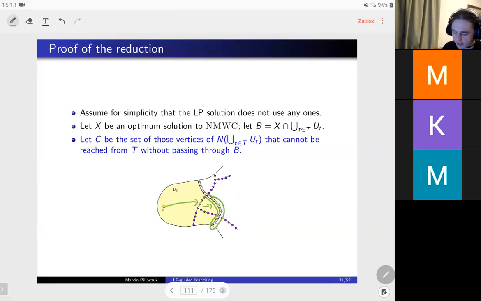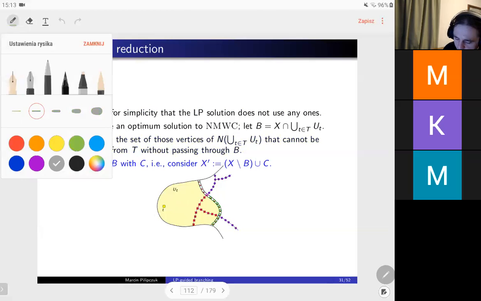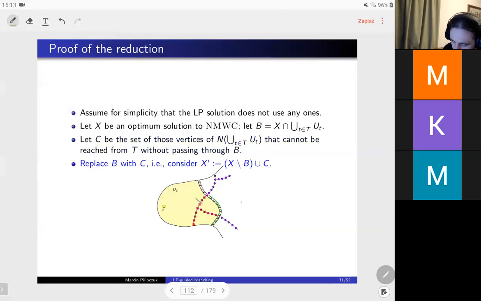Now what I want to say is that I could do the following. From my solution, I can not use these guys, but use these guys instead of the other guys. And you need to check two things. You want to say that this is still a solution, and you didn't pay more.